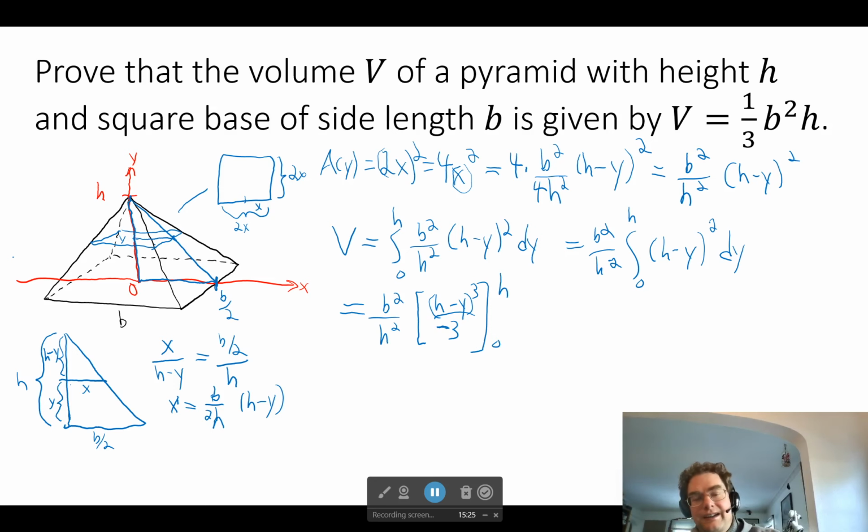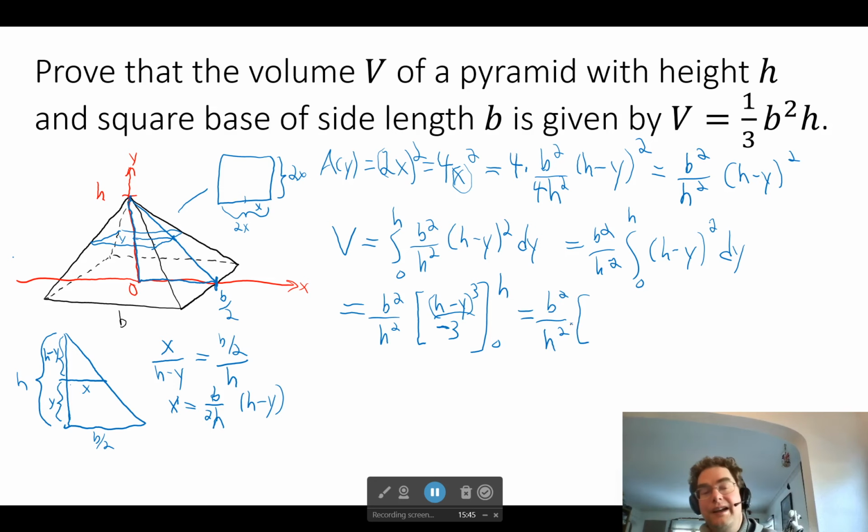Okay, and again, you can review the rationale for that in the review of integration from Calc 1 posted on Canvas. Okay, so now let's evaluate at our limits of integration, putting h in there. So we've got the b squared over h squared out front.